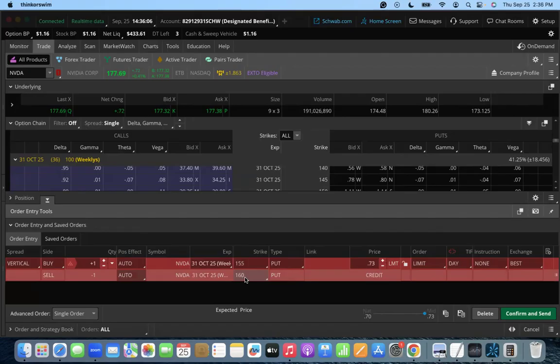Focus on the delta on this, and then the long put will be based on how much money you want to put at risk: $10 wide, $20 wide, $5 wide. You can do a lot less than that. We can maybe do 156, there is $4 at risk, all those things. So this is the play, and this is kind of a rule I follow.